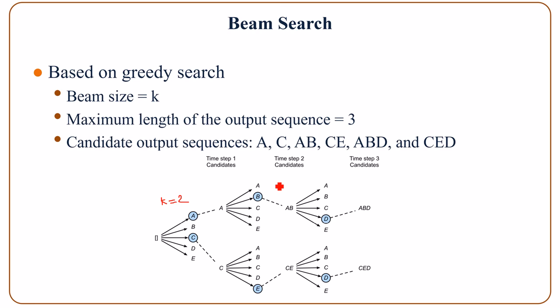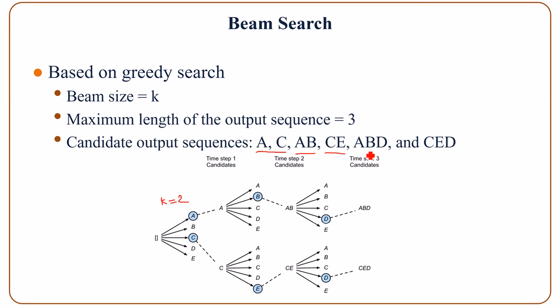For each time step, we select k output sequences with the highest conditional probability. At time step 1, we get A and C. At time step 2, we get AB and CE.